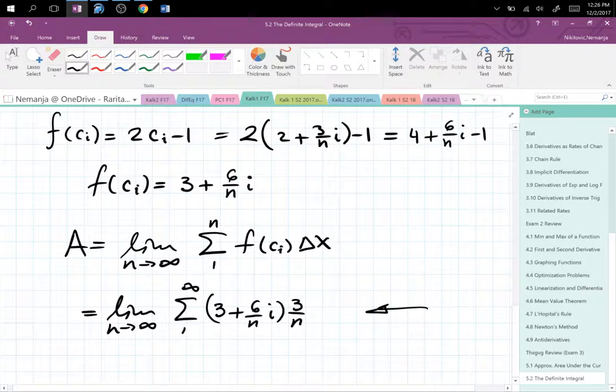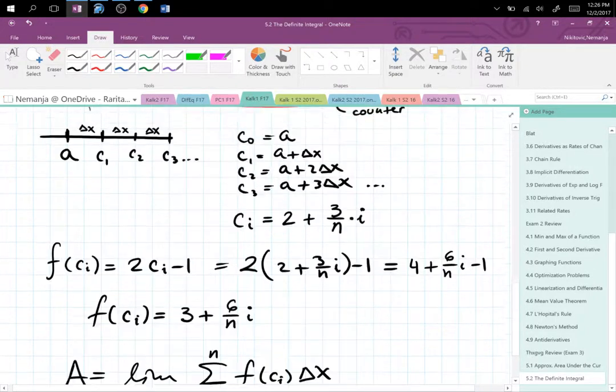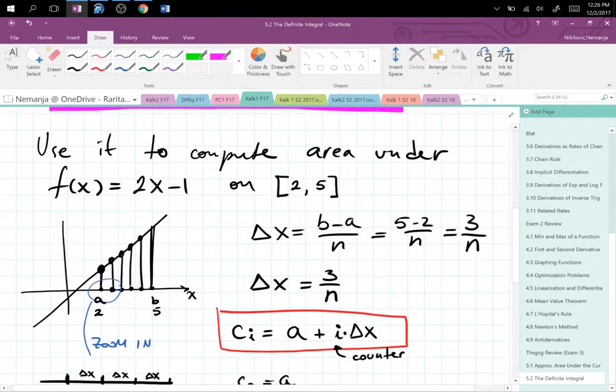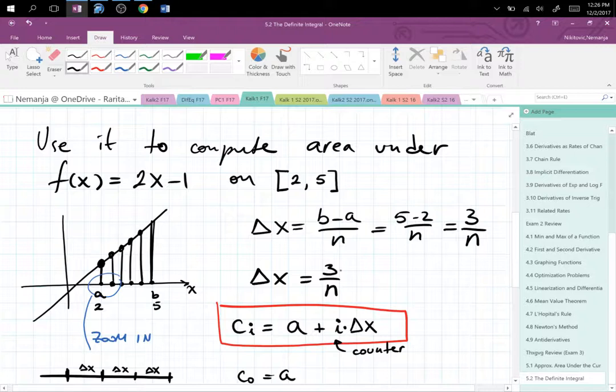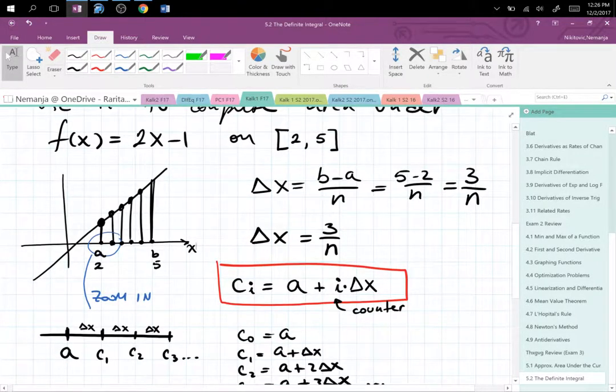This formula will be different every time because we calculate everything from scratch every single time. Your delta x depends on values of a and b, so as soon as I give you a different interval than 2 and 5, this changes into a different value. Again, the formula for Ci is the one boxed in red. Maybe I should box the formula for delta x in red as well.